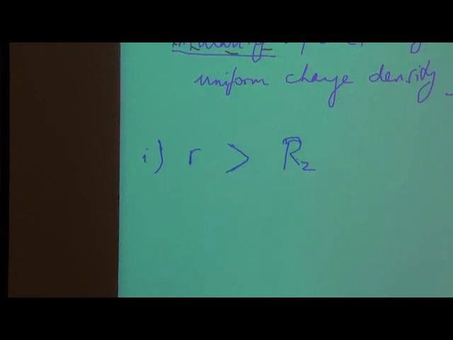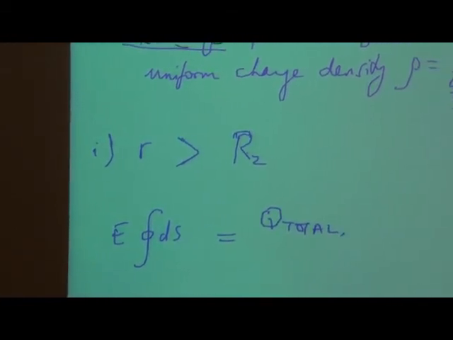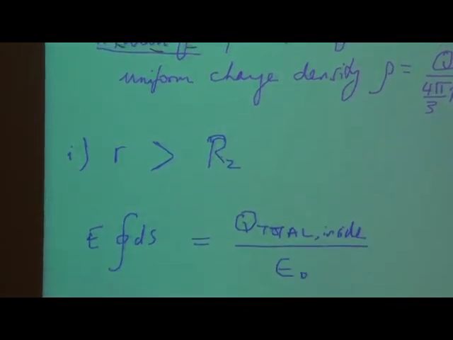So, again, E times ds is going to be Q total inside divided by epsilon 0.